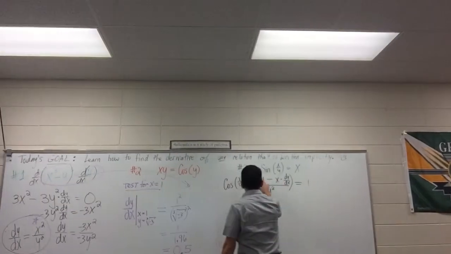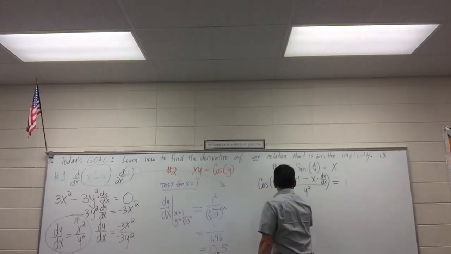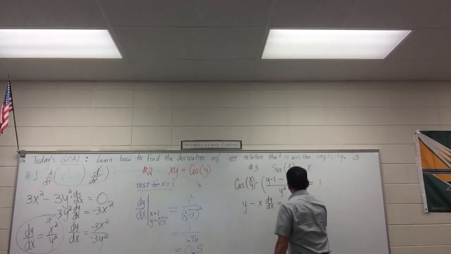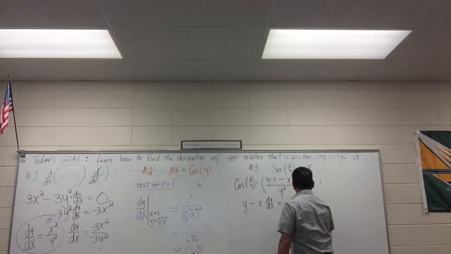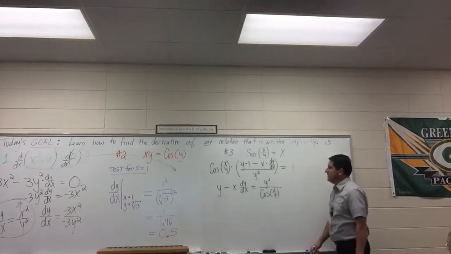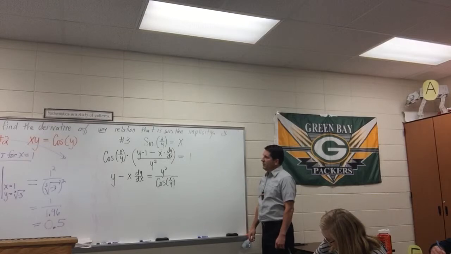And then I'm going to simplify. y times 1 is 1, minus x times dy/dx is equal to y squared over the cosine of x over y. I multiplied by y squared on both sides and divided both sides by cosine of x over y.